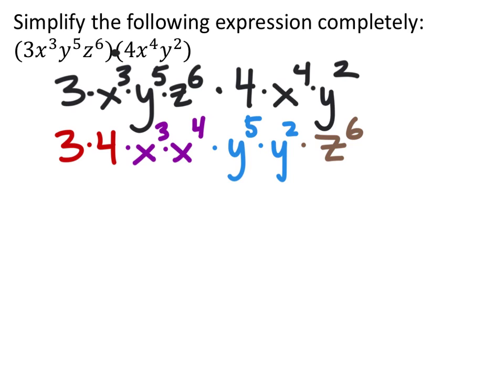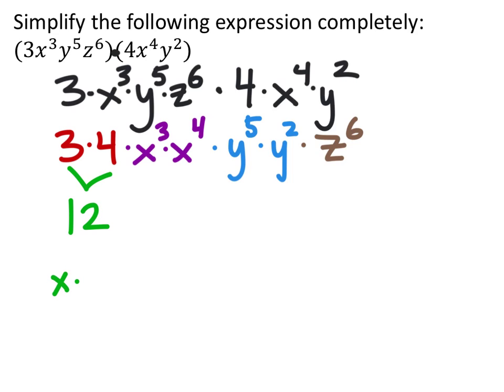And in a way, this is kind of like combining like terms, but not necessarily the same, okay, because it's all one term. So if I combine the 3 and the 4, 3 times 4 is 12. And right here with these x's, we're going to use the product rule in order to add those exponents, because if I expanded that, let's look at those x's expanded.